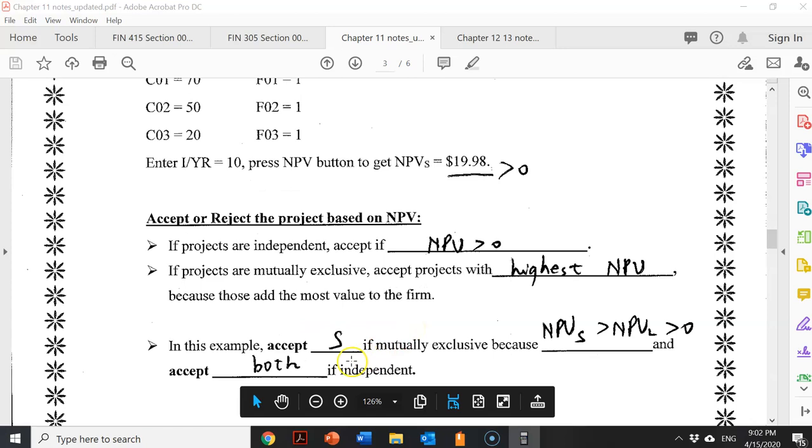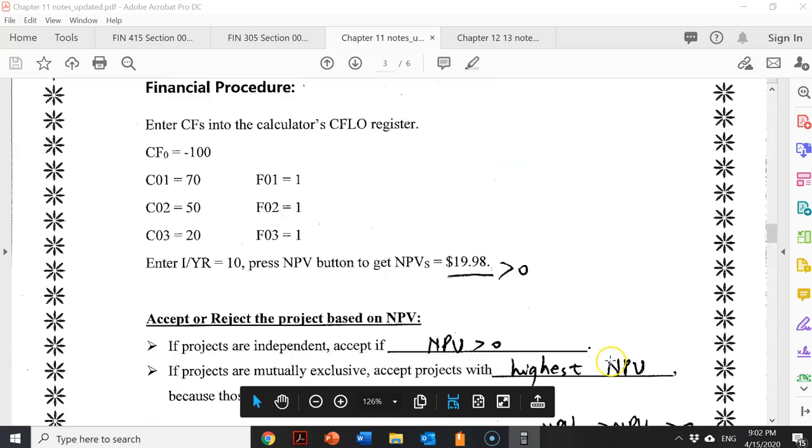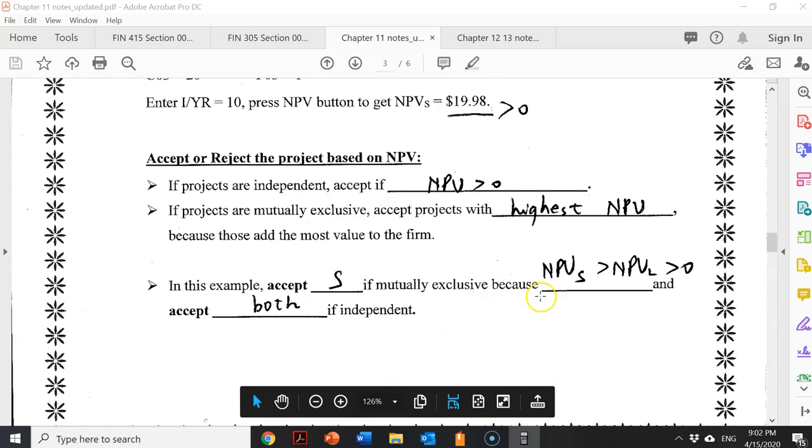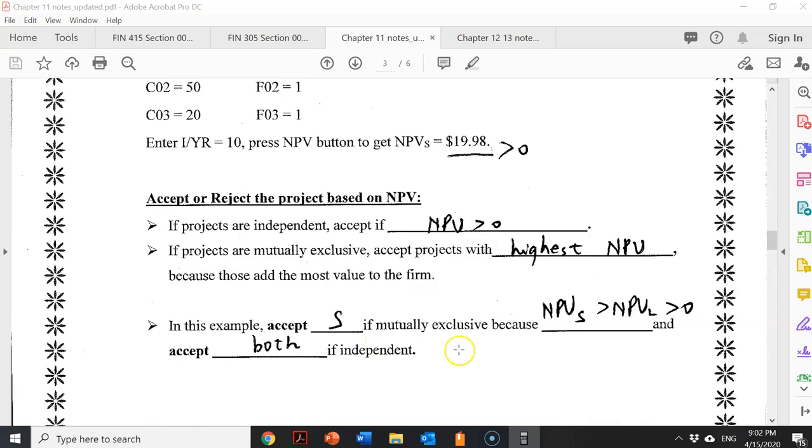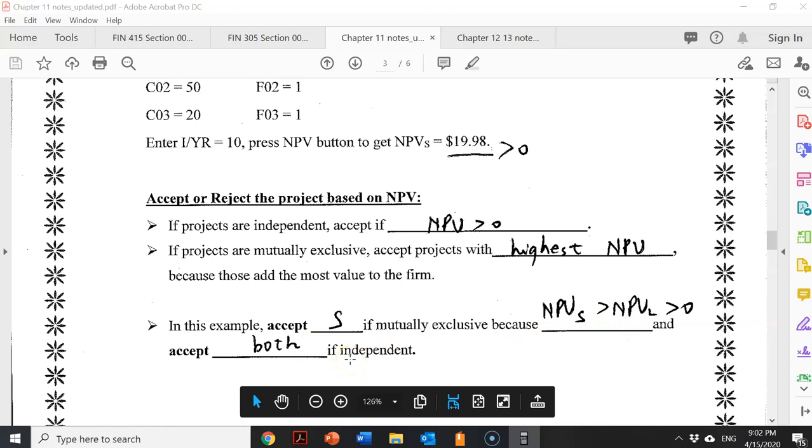So in this example, if these two projects are mutually exclusive, because NPV S is 19.98, larger than NPV L 18.78, and they're both larger than 0, we would accept only S, the one with the highest NPV. If they're independent from each other, we would accept both S and L, because both have positive NPV. Okay, so this is how we make decisions based on NPV.